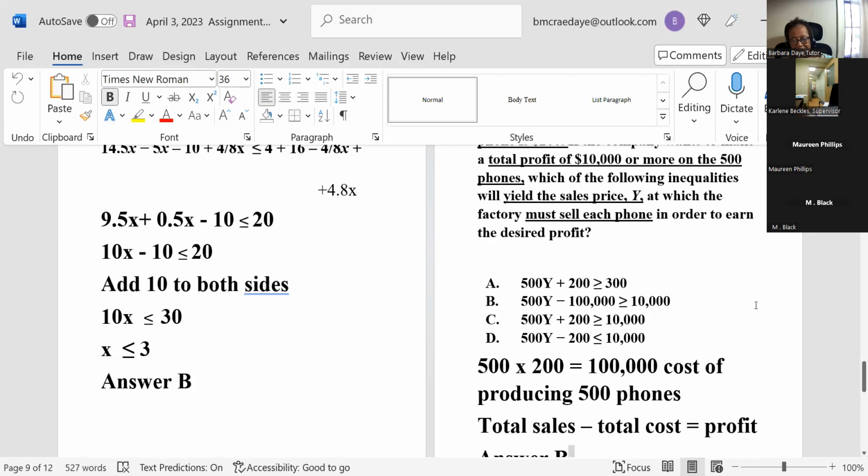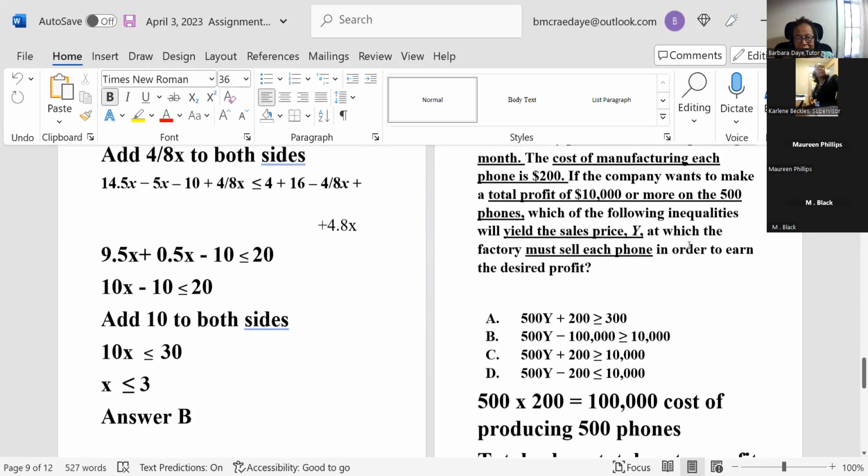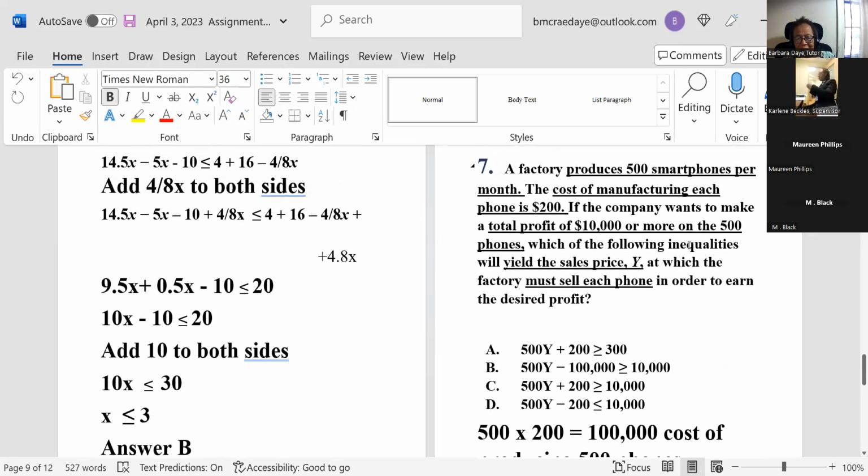How could you solve it? The paragraph told us that one phone costs $200.